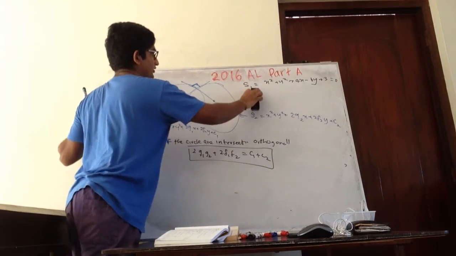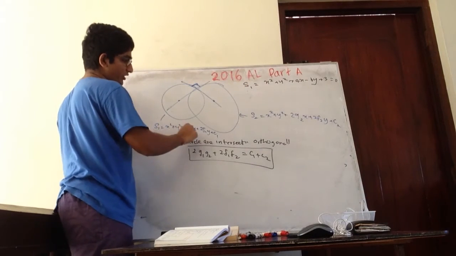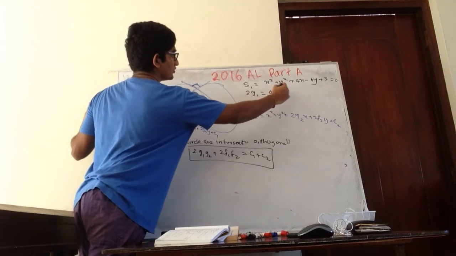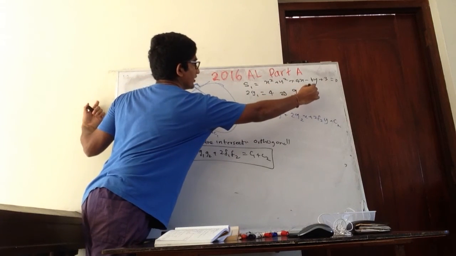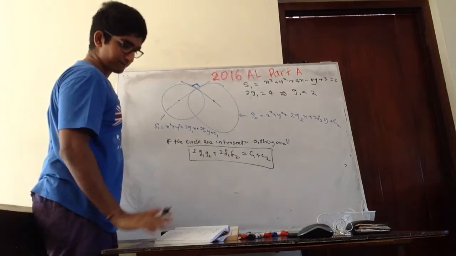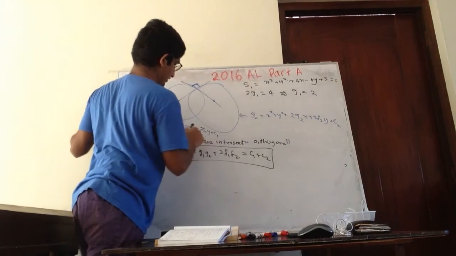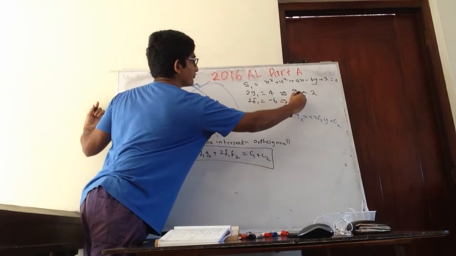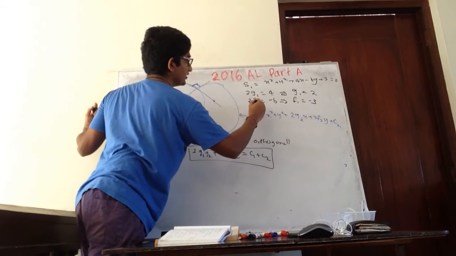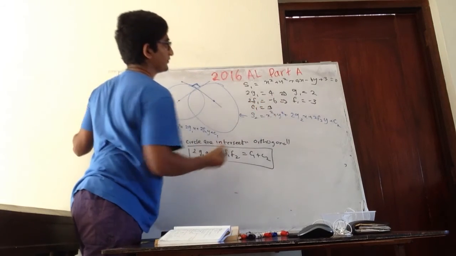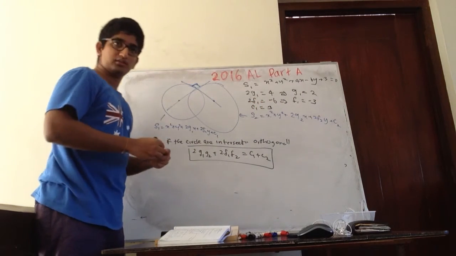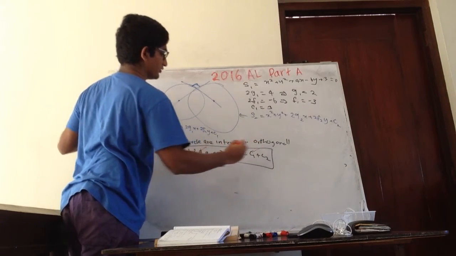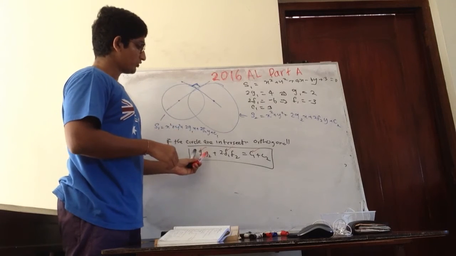So this is the common way. So 2g1 is basically 4. That means g1 is 2. Correct? Then 2f1 is minus 6. So f1 is minus 3. So c1 is 3. Right? So we found g1, f1, c1.